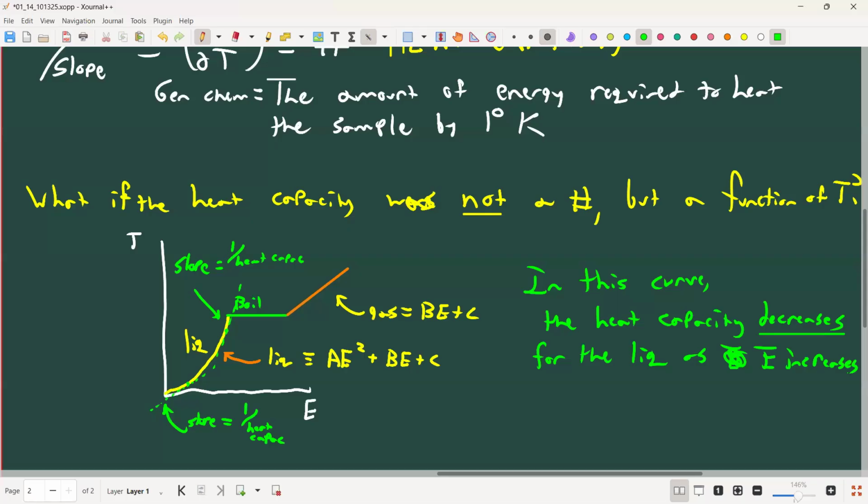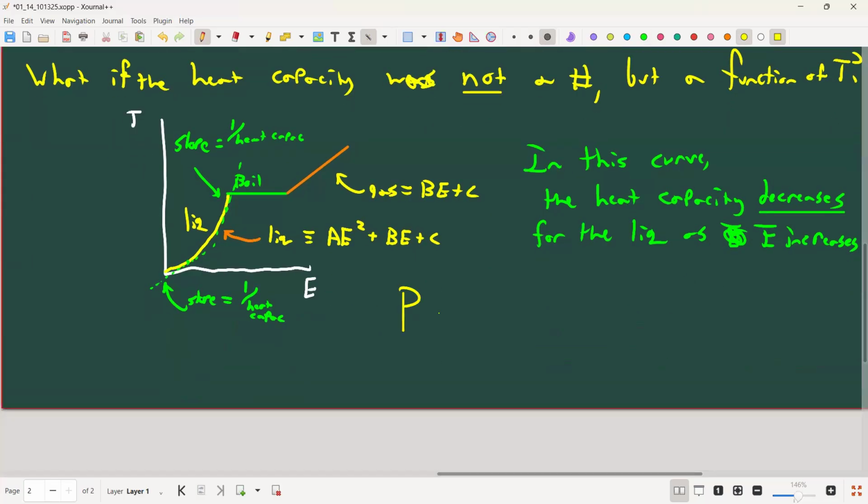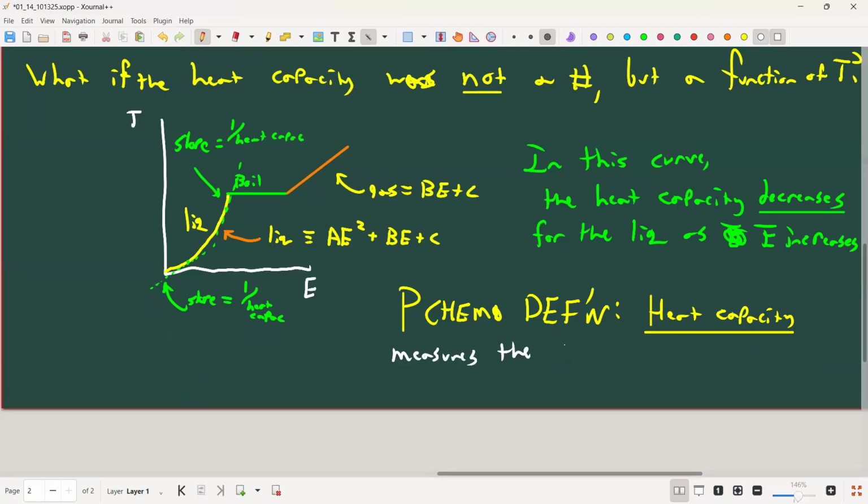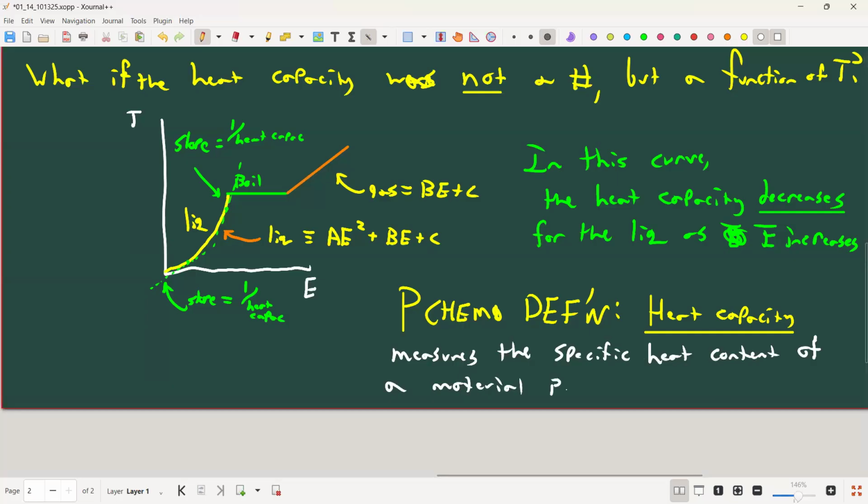Okay, so really what the heat capacity tells you, in a more CHEM sense, the CHEM definition is that heat capacity measures the specific heat content of a material per unit Kelvin.